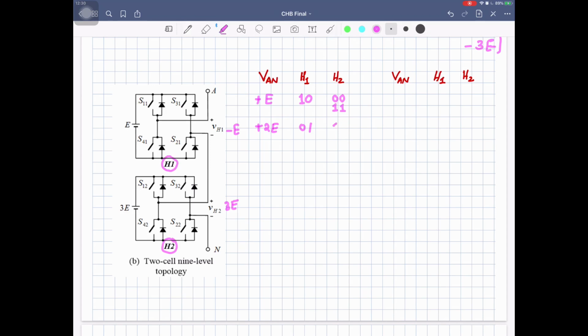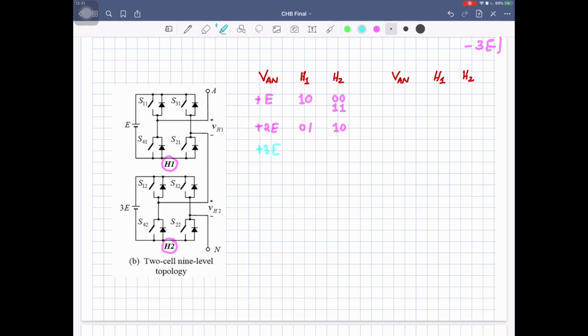I will have to apply switching code 10, because when I apply 10 I will get 3E, and when I apply 01 in the upper inverter, I will get minus E. So net sum will be equal to plus 2E. So we can get plus 2E from this switching code. Then we can get 3E. To get 3E, what we will have to do?